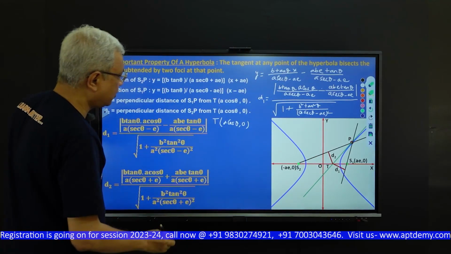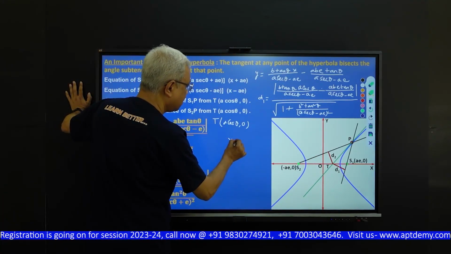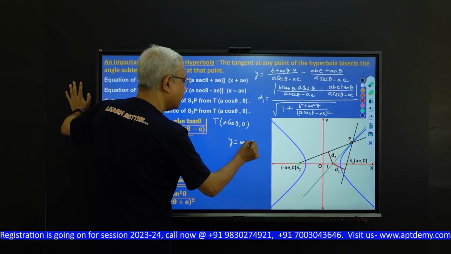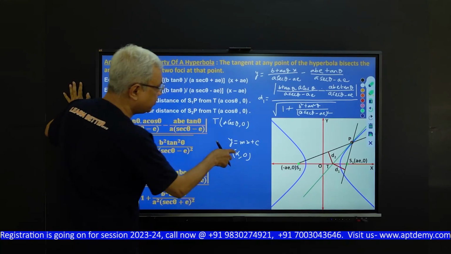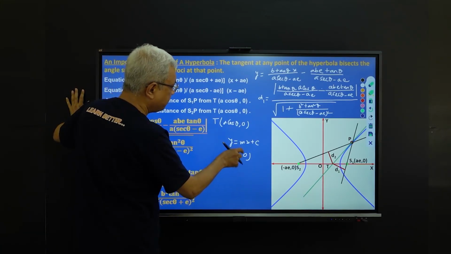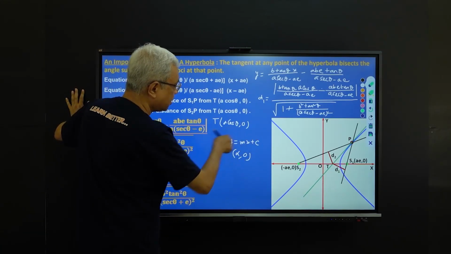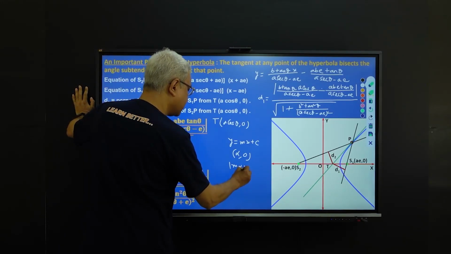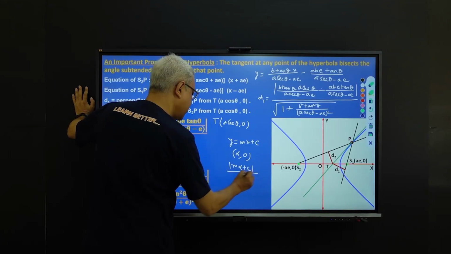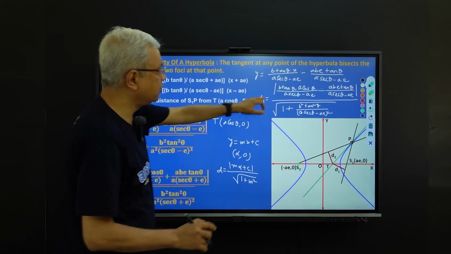Again recall, if the equation of the straight line is y = mx + c and the given point is (alpha, 0), then the perpendicular distance of this point from this line is mod of (m alpha + c) divided by root of 1 plus m square. That we know, and we have used it here.